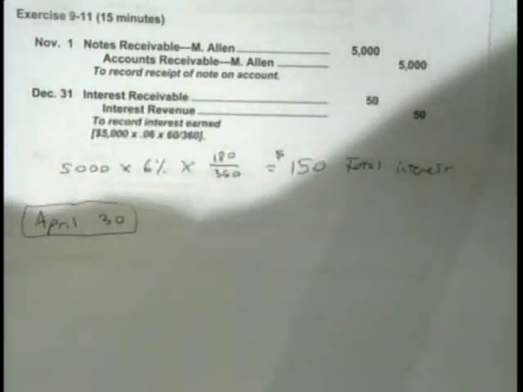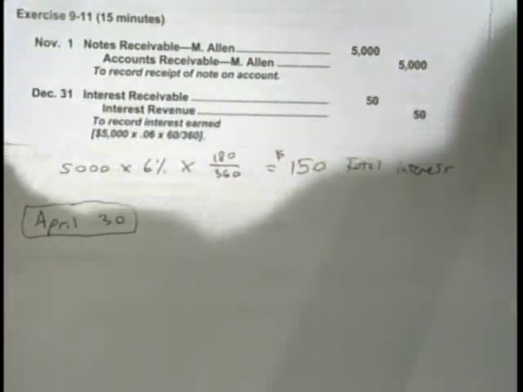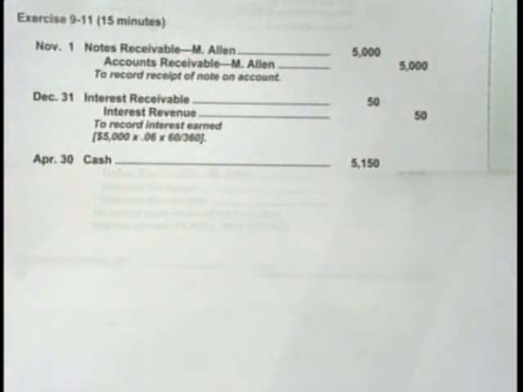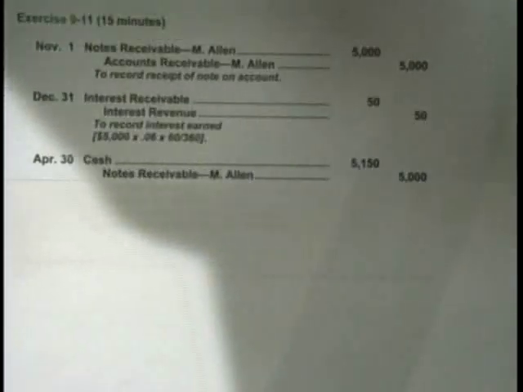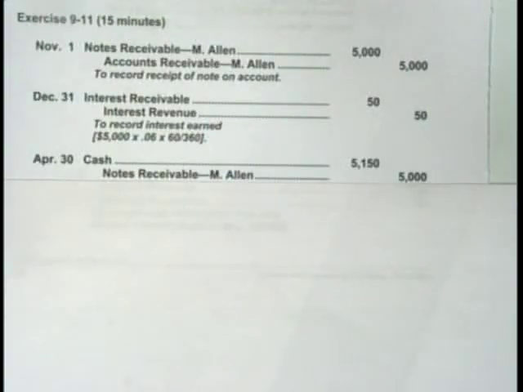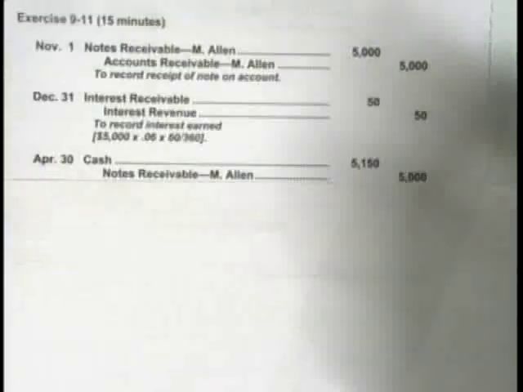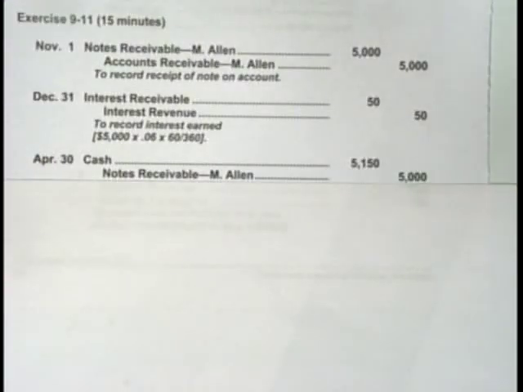Okay? So, now let's build our journal entry. Well, like I said, I'm going to get cash of $5,150, right? Now, I'm going to reduce my notes receivable for $5,000 because it is now honored, correct? Now, how much of that $150 total interest revenue has not yet been recorded as interest revenue? $100, correct?